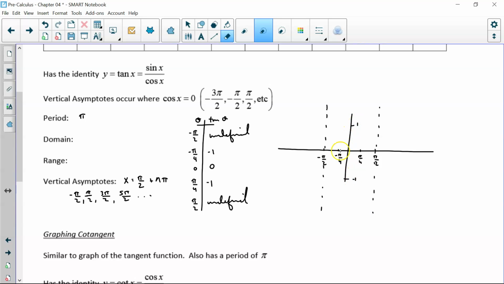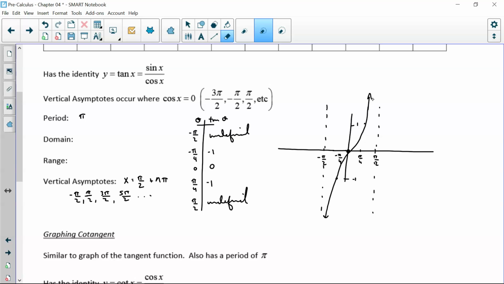So we have our zeros. We're at negative 1 at negative pi over 4. We're at 0 at 0, and we're at 1 at positive pi over 4. So what the graph of tangent looks like is this. It's going to kind of just go and approach those asymptotes.